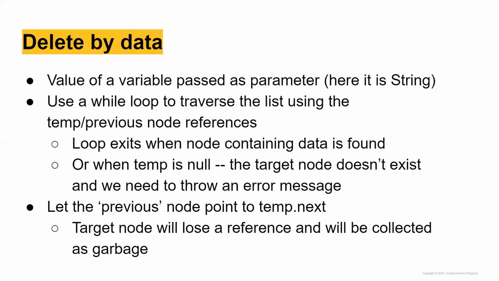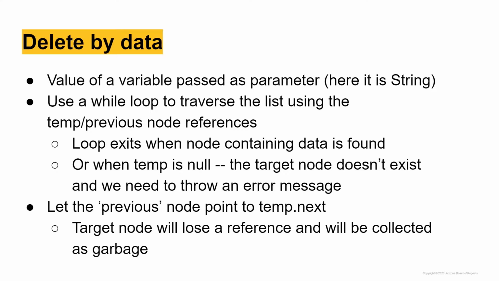So the value of a variable is passed as a parameter, and here it's going to be a string, right? Because that's the data type that our nodes possess. It's just a string called name. So we're going to pass a string in that we want to basically say that we want to delete the node that possesses that name.